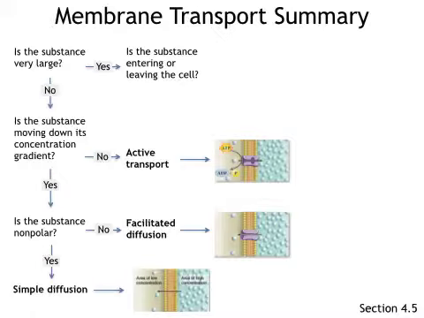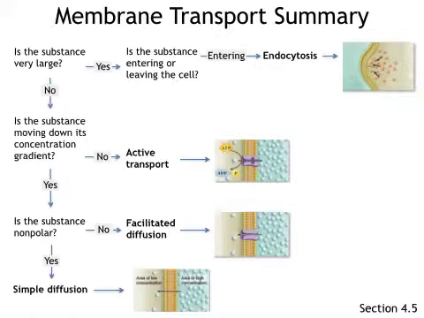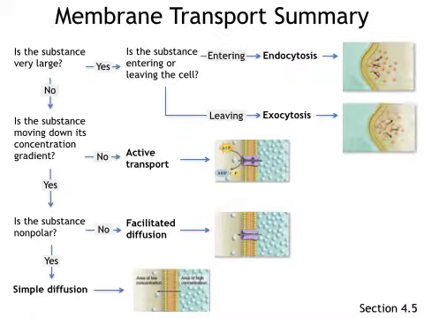And then if the substance is very large, then depending on whether it's entering or leaving a cell, if it's entering, you're using endocytosis to bring it into the cell. Or if it's leaving, you're using exocytosis to make it leave the cell, right? So this hopefully helps you learn how these things are related.